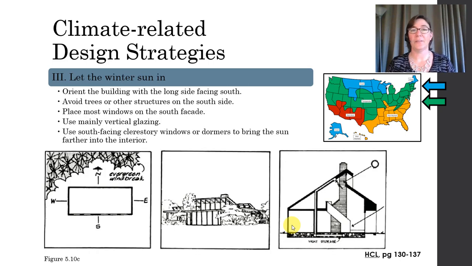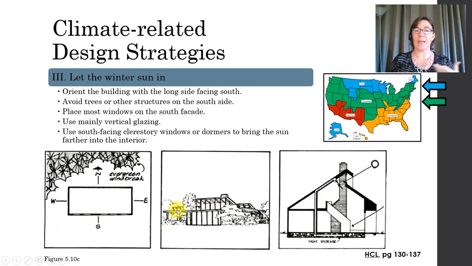Here's our third and last winter design strategy, and it's to let the winter sun in. Again, this is most appropriate in our cold and on our cooler side of the temperate climates. So in order to let that winter sun in, you're going to orient or turn your building with a long side facing south. And that's what this is trying to show here.